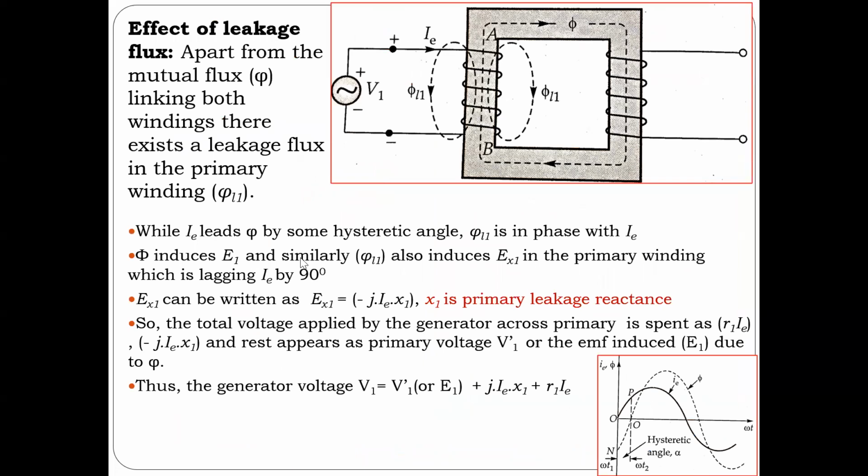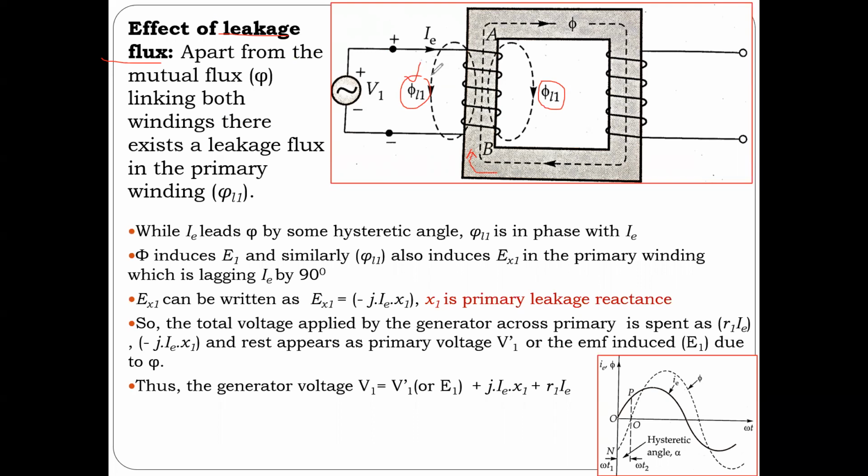Okay, so we did talk about this core loss. There's another kind of loss that we have there, and it's because of the leakage flux. Of course, the core has very high permittivity or permeability, and the entire flux is supposed to be traveling through the core, but still there's some flux that would stray away, okay? And this flux we are not able to contain.